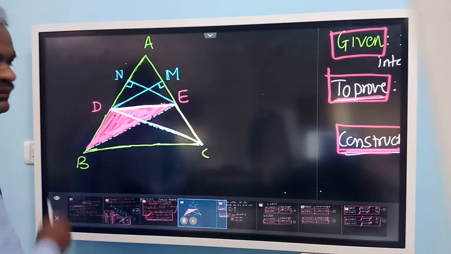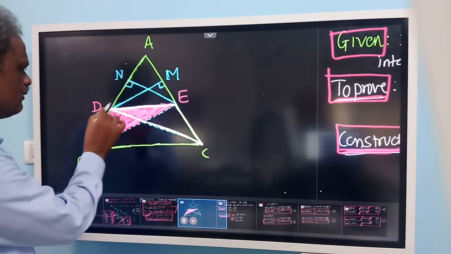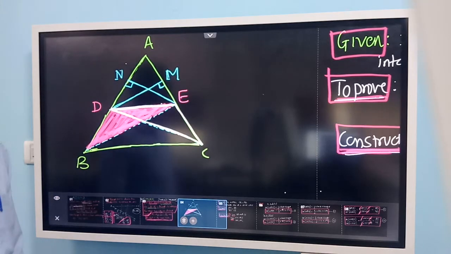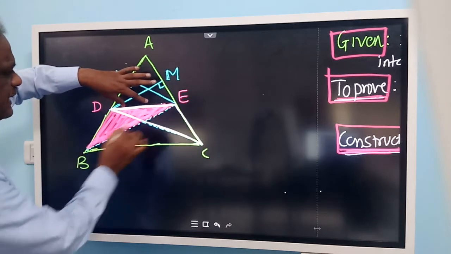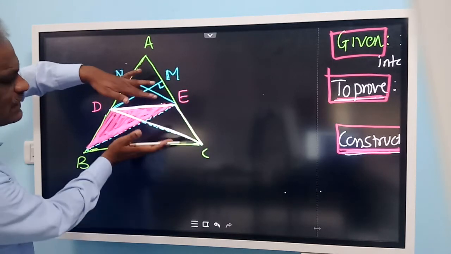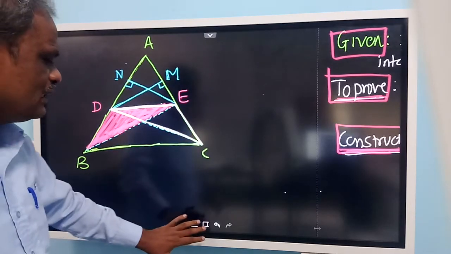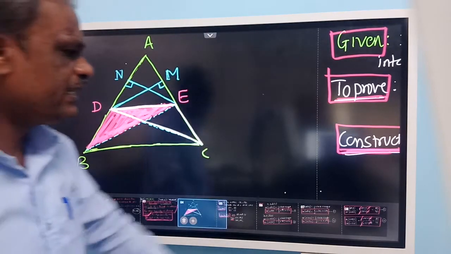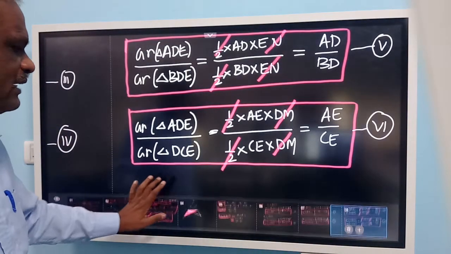Equal, sir. Can you tell me the reason why BDE is equal to CDE? Look at this: same base for both, and between the same parallel lines. Triangles on the same base and between the same parallels are always equal in area.